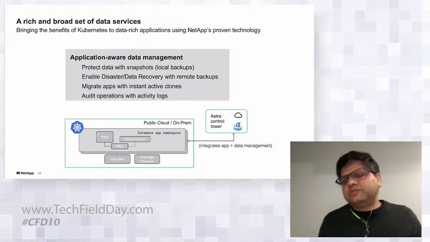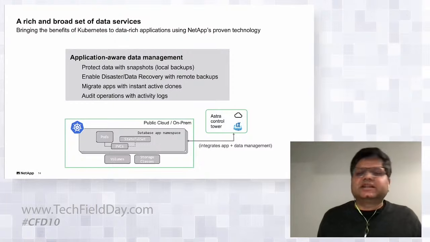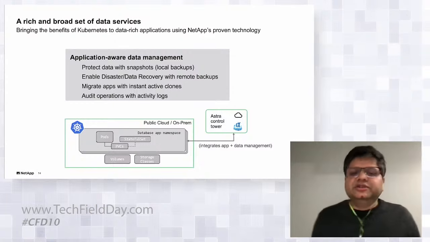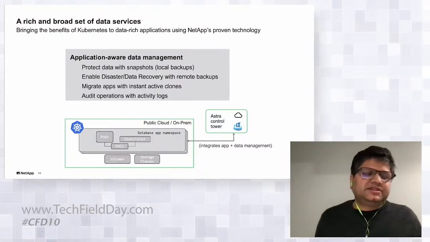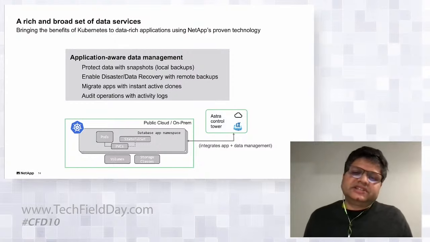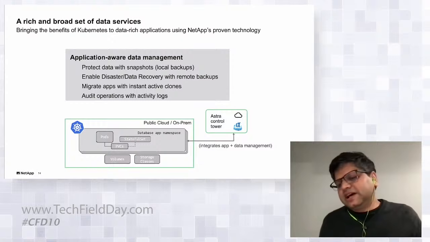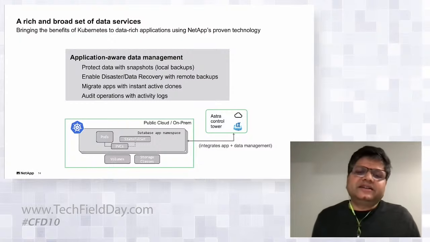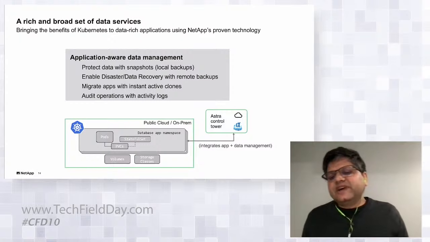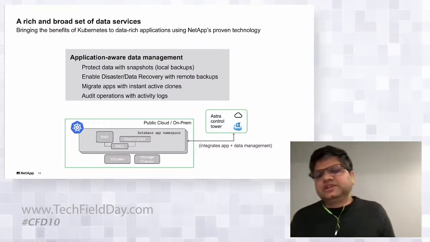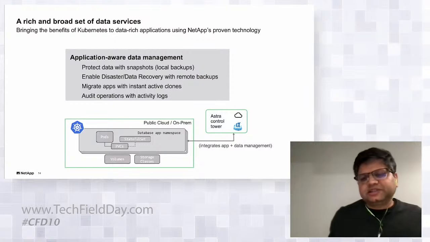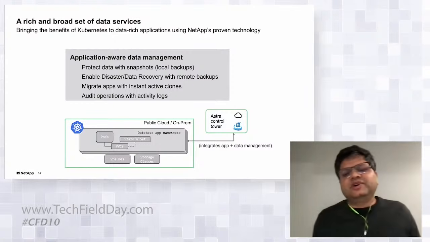You can audit all the operations that were done to your app with activity logs, per user. So you can see, user 1 took a snapshot at this time, backed it up at that time, cloned this application from this cluster to that cluster at that time. All of that is available, which is very valuable for a lot of customers because of all the data and the apps that are getting created in these clusters, and they want to keep a trail of what's going on.